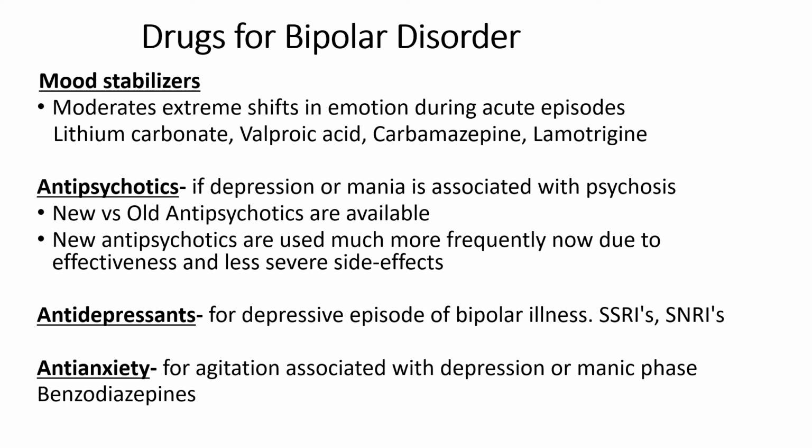And often we need to use anti-anxiety medications because of the agitation and increased what's called psychomotor activity, meaning the pacing, the inability to relax in a manic phase. Benzodiazepines are often added to help relax the patient.